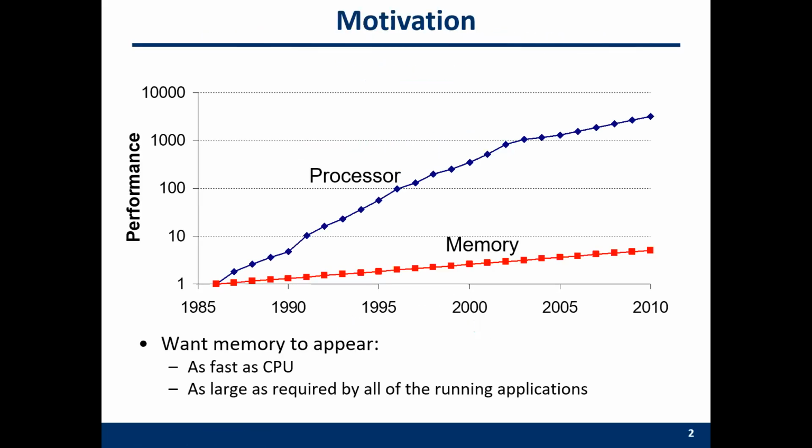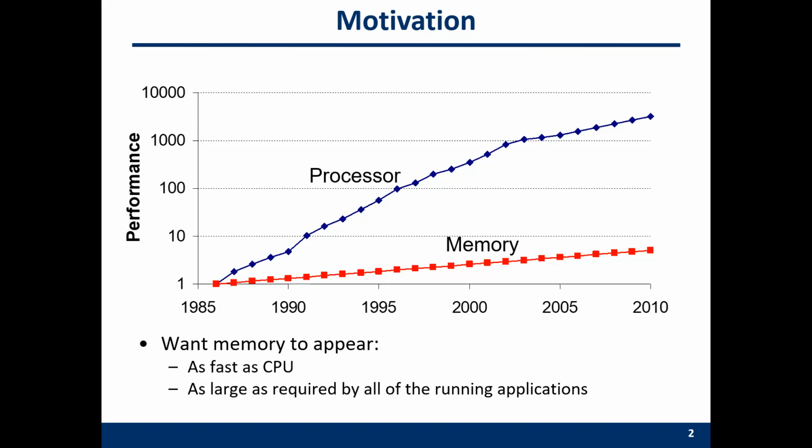So you can see that compared to the CPU, memory becomes more and more slower. The y-axis here is the performance, for example, the instruction per cycle. The higher, the better. And the x-axis here is the age.